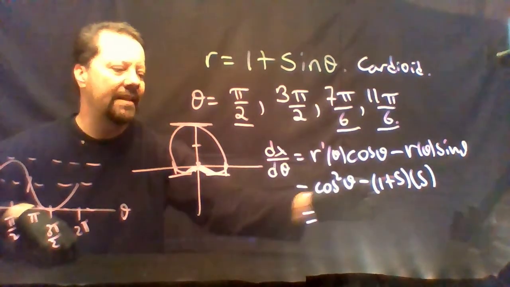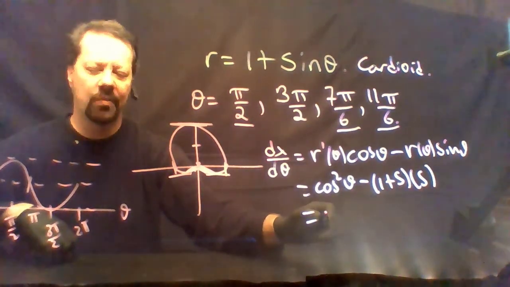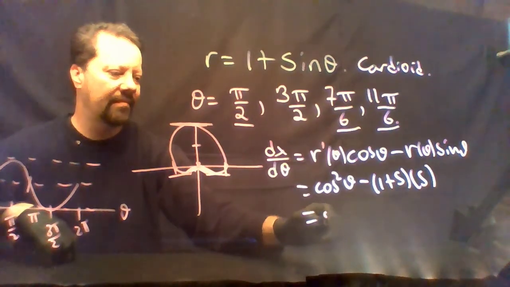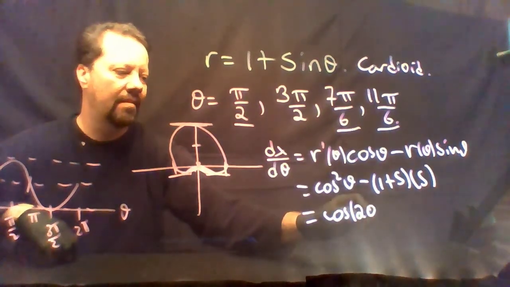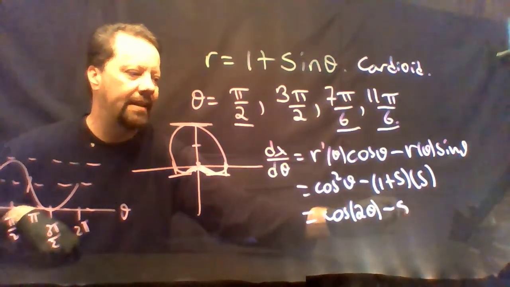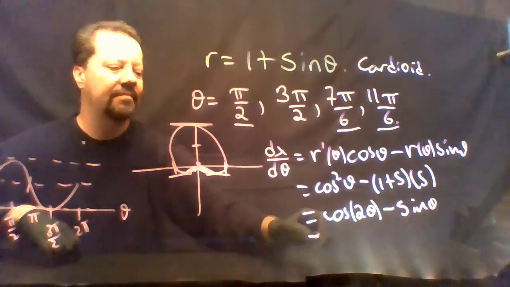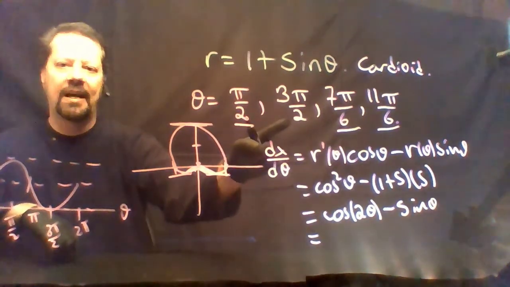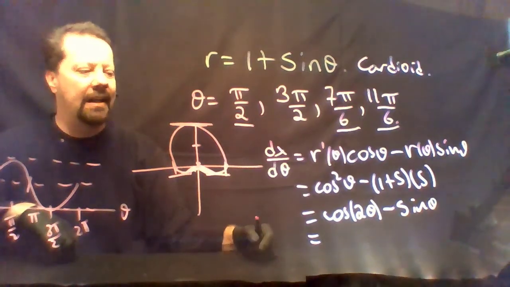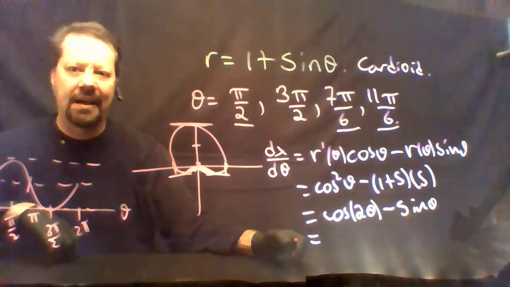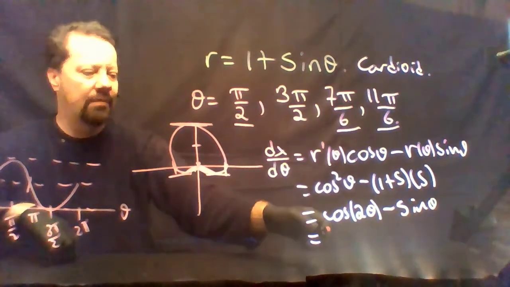Cosine squared minus sine squared is cosine 2 theta, and we'll have minus another sine theta. 2 times 3 pi over 2 is 3 pi. Cosine of 3 pi is the same thing as cosine of pi, which is negative 1.